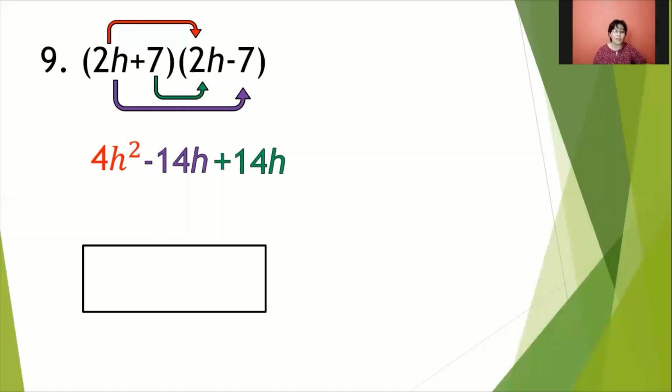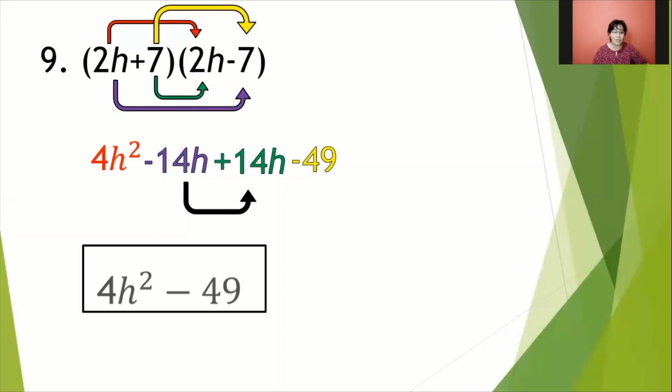And 7 times negative 7 is equal to negative 49. Then combine like terms, since negative 14h plus 14h, the difference is 0. The final answer is 4h squared minus 49.